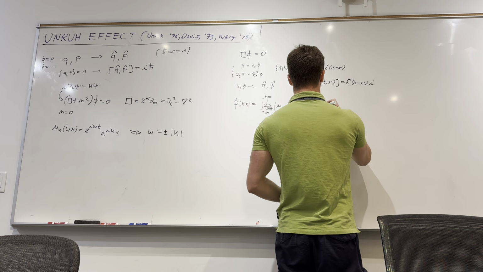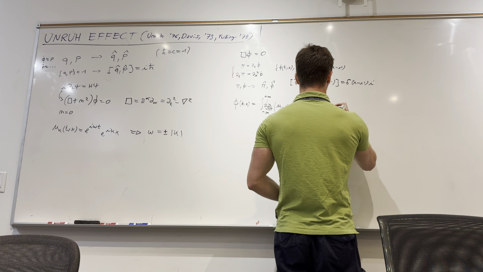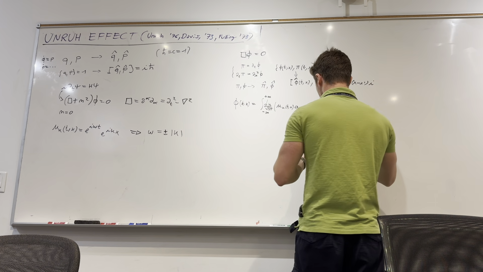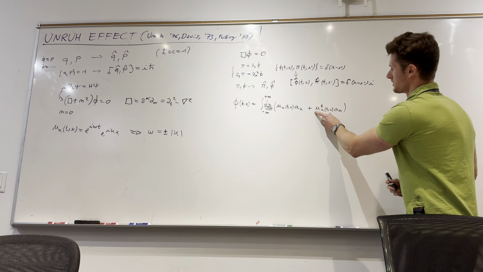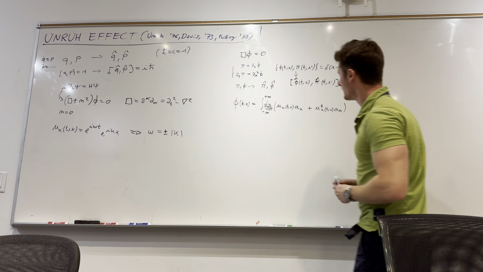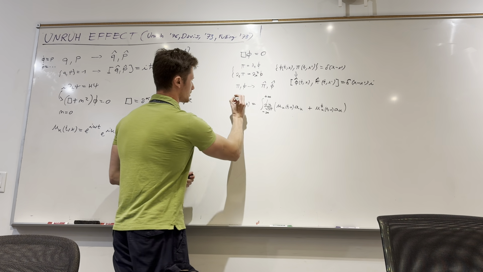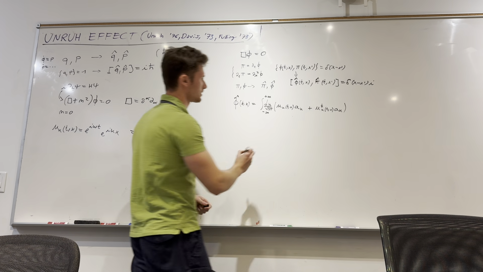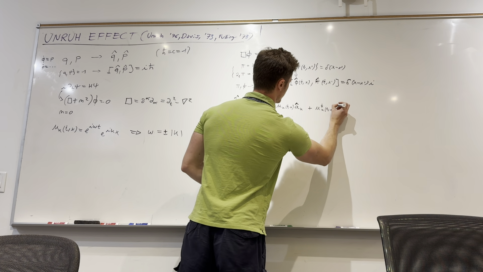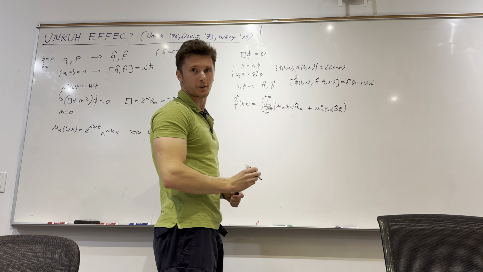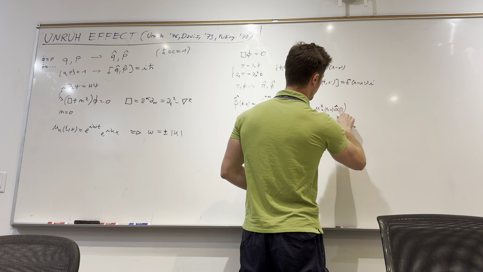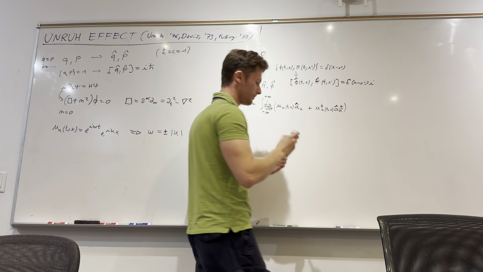So u star k of x times a_k, where here I'm just taking the positive frequency, and the negative frequency modes are just the complex conjugates. Now when I quantize this expression and promote these to operators, the coefficients also get promoted to operators, and the conjugate becomes a Hermitian conjugate.